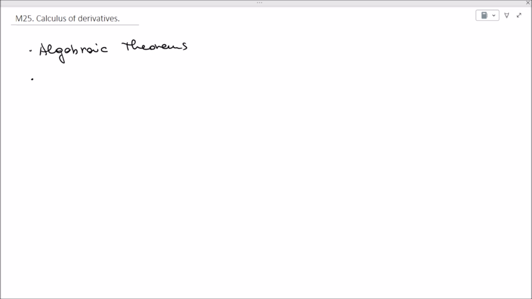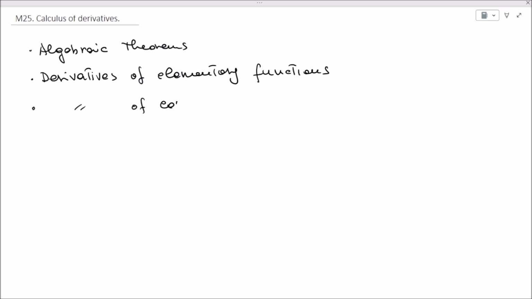Then we will use derivatives of elementary functions, which we have already partially explored. Then we'll see how to evaluate the derivatives of compound functions, and finally how to calculate the derivatives of inverse functions.